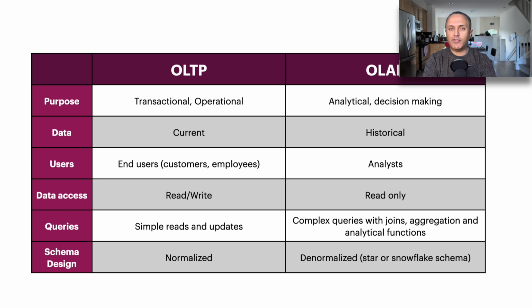You don't make any changes to the data once the data has been imported using ETL from your OLTP database. You don't do any further updates. You just view the data from different perspectives with different aggregations and so on. So all the requests are read-only. Those requests are usually very complex with joins, aggregations, analytical functions, and so on. And the best way to represent the data is using the denormalized schema, like star schema or snowflake schema, and so on.